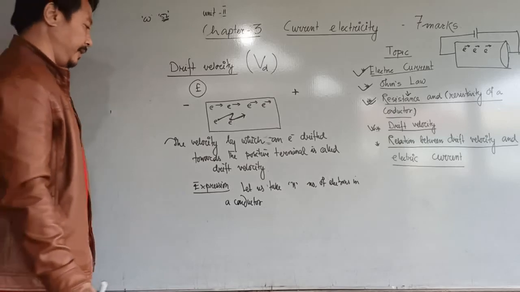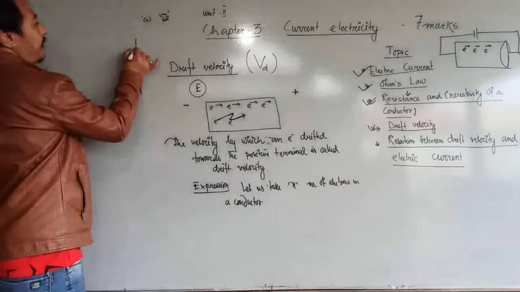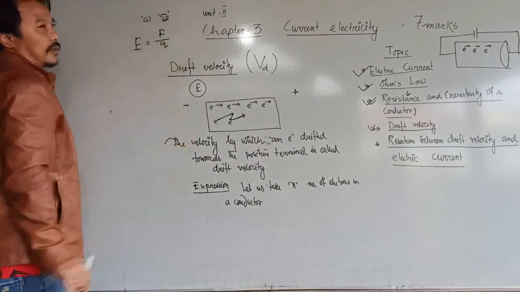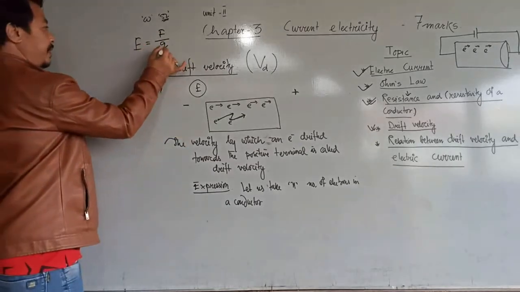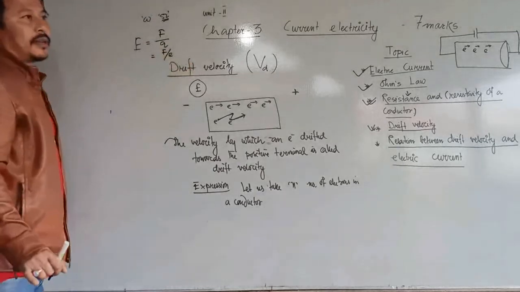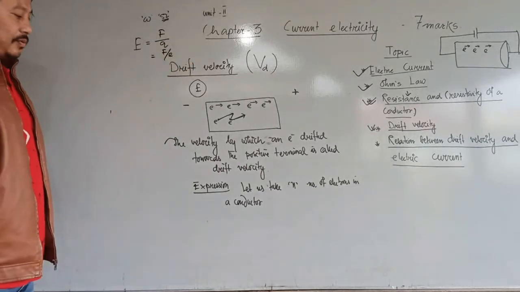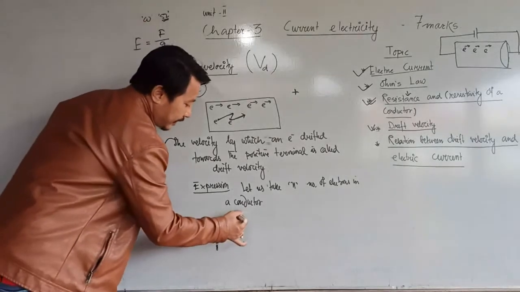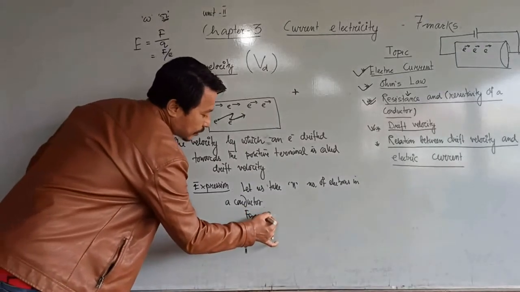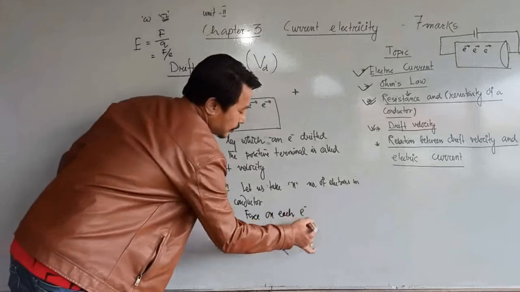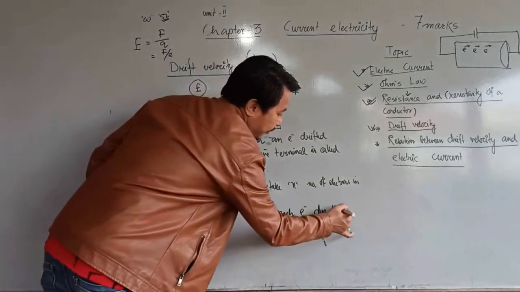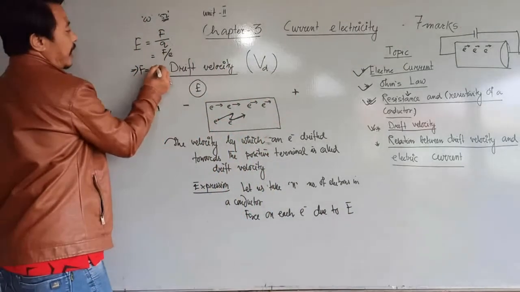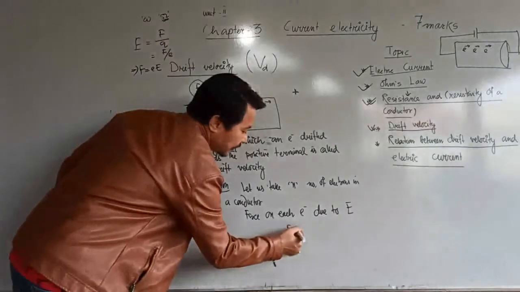Electric field may be defined as the force acting per unit charge; in case of electrons, it is the force acting per electron. The force on each electron due to the electric field E is F equal to eE.